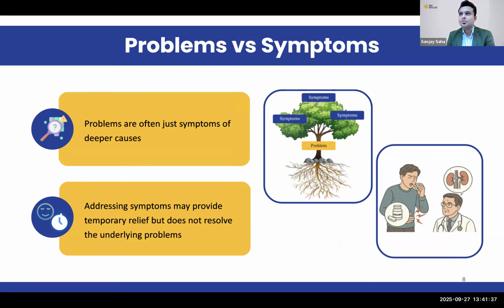So a lot of times we act to resolve those symptoms which are visible, while we do not act to resolve the root causes of those symptoms which are beneath the veil. Again, addressing symptoms may provide temporary relief, but it does not resolve the underlying issue.